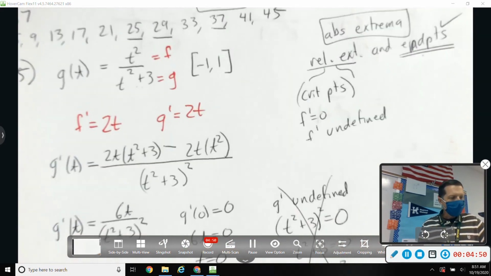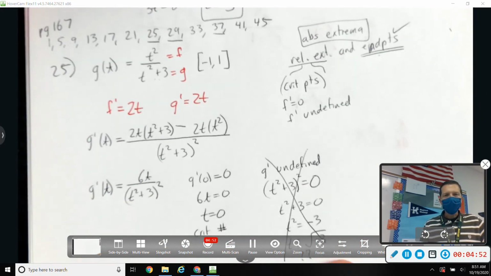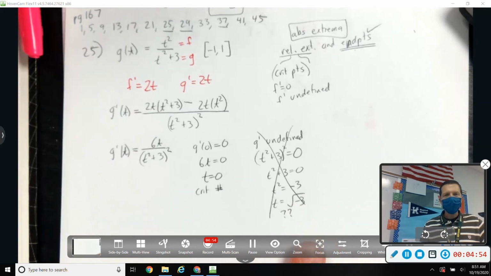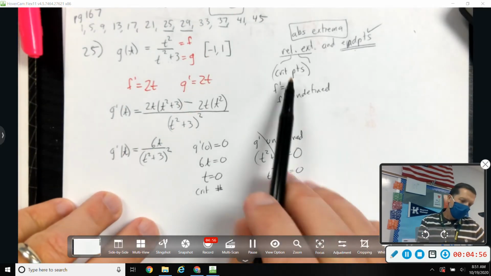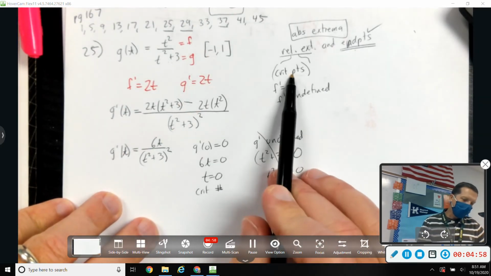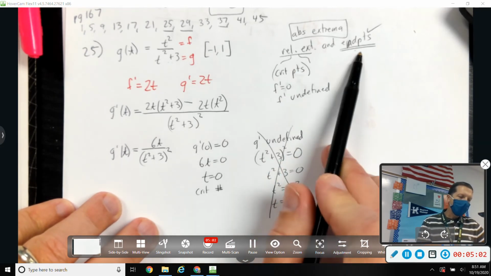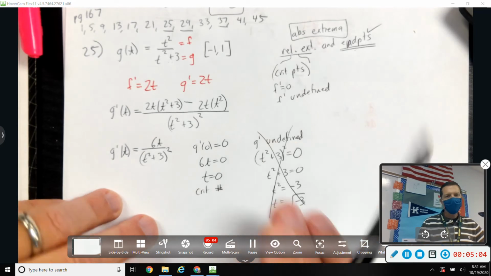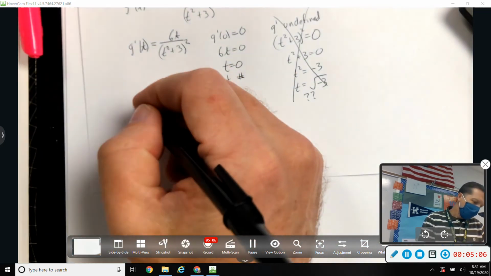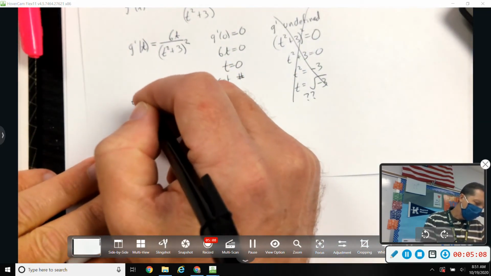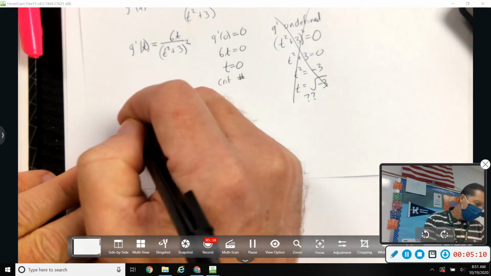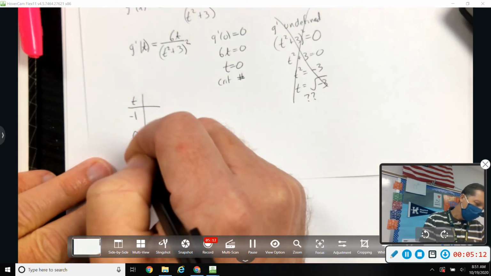So back up, kind of big picture here, literally zoom out. So my critical point, I found that was t equals 0. So I'll check t equals 0 and the endpoints to figure out the absolute extrema. So table of values: -1, 0, and 1.